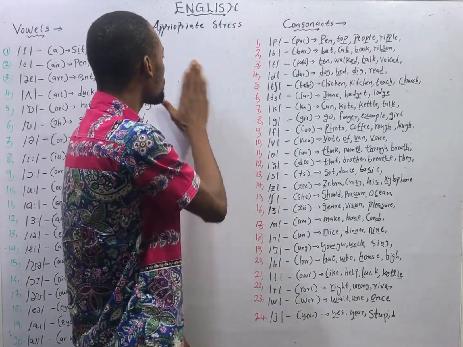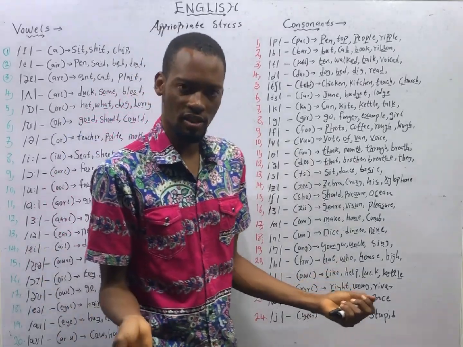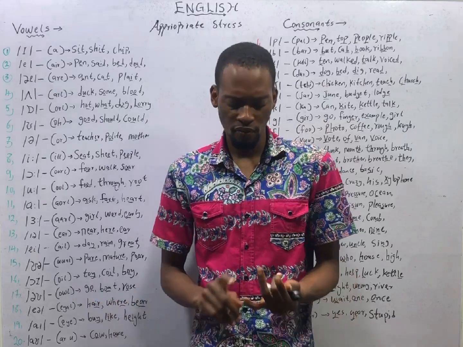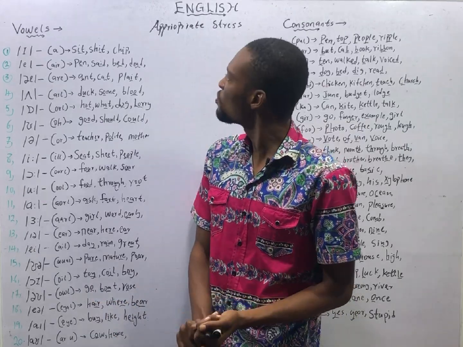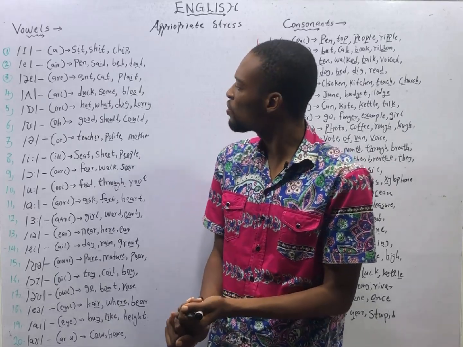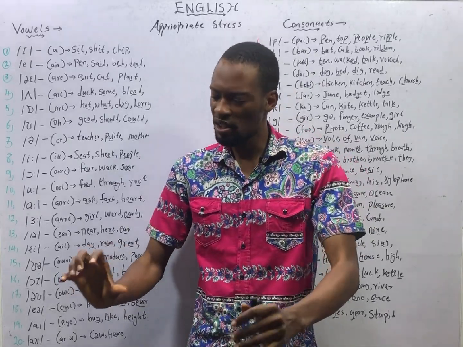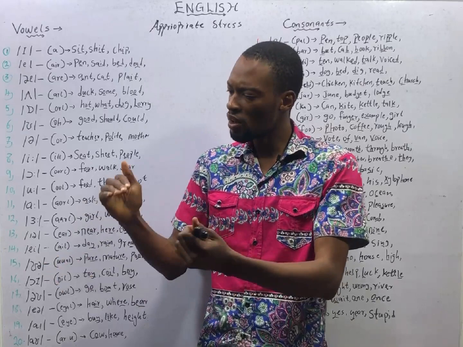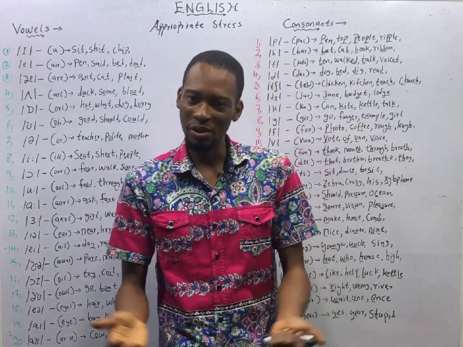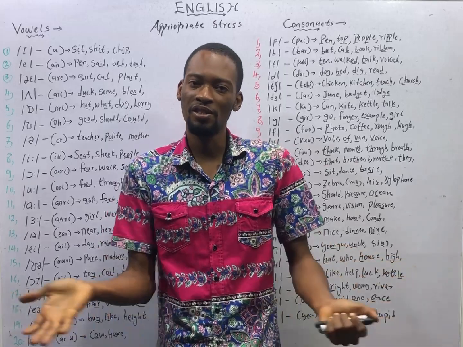Now, questions come in 3 ways generally when it comes to stress pattern. The first one is that you'll be given a word and asked to look for the option with the correct stress pattern. So, which of the syllables is stressed in this word? You look at the options, then you pick the one that has the correct stress pattern.